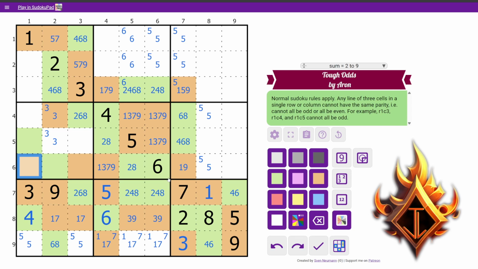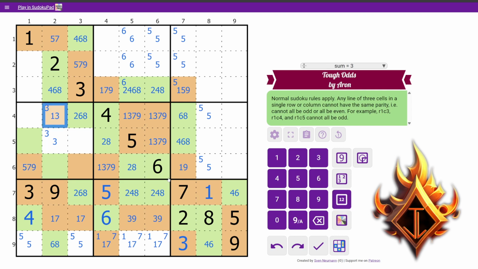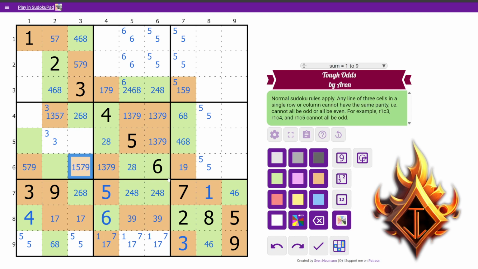What about here? 1, 3, 5, 7, 9. 1, 3, 5, 7. 1, 5, 7, 9. Not making many combos on this puzzle, I haven't noticed.